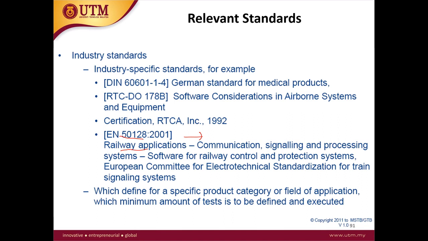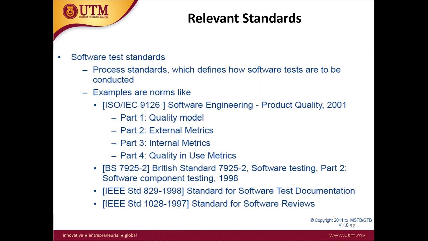The industry depends on what type of industry, for example airborne systems. So you must comply with the standards. Software test standards, we have 829, which we already discussed. Then there is 9126, which has already been replaced with SQuaRE, but I cannot remember the number.